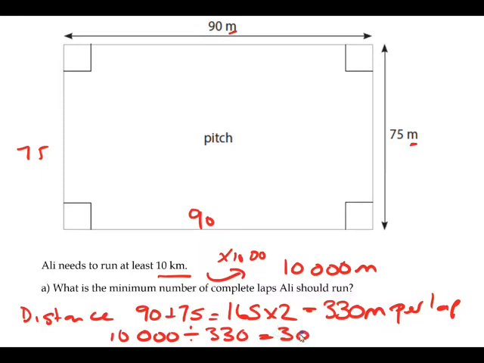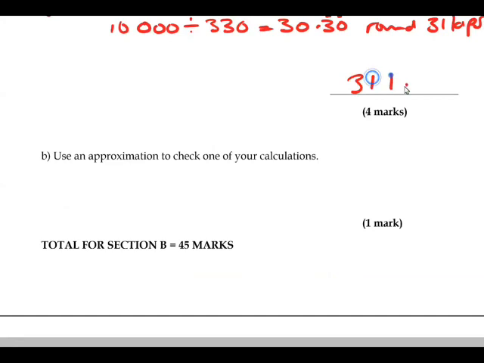And it says 30.30 recurring. So for the minimum number of laps he needs to complete, round up, because if he does 30 laps, he won't have done the 10 kilometers. It's 31 laps. So on the answer line, 31 laps.